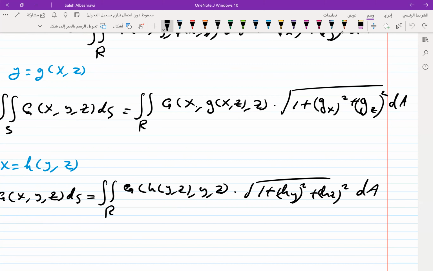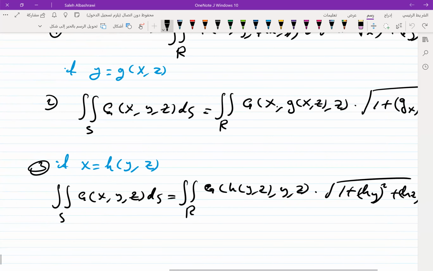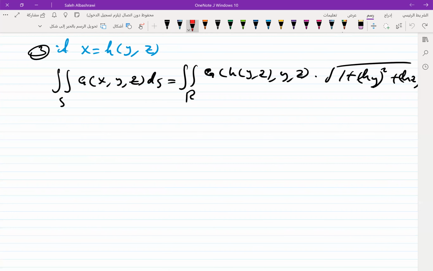Let's have some example about the surface integral now. Example.